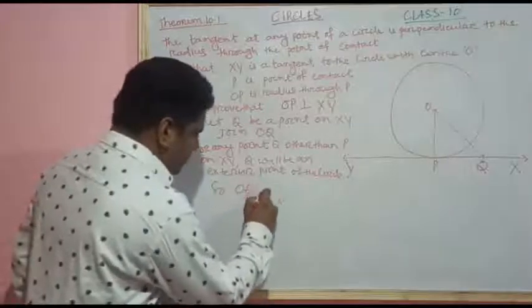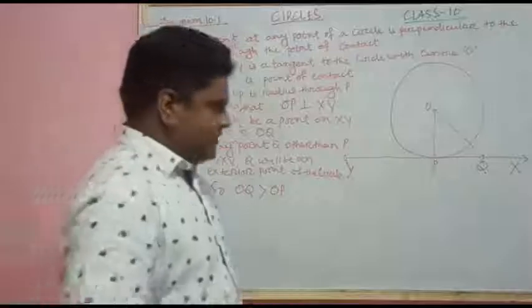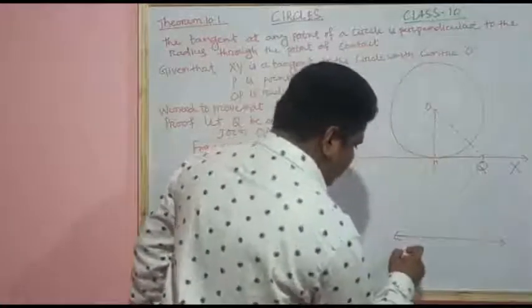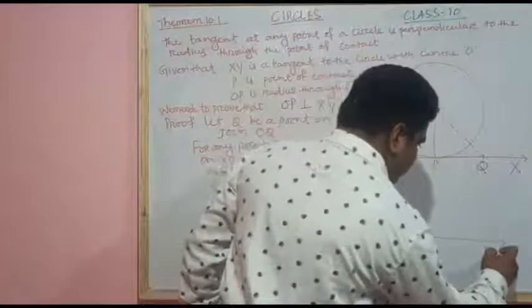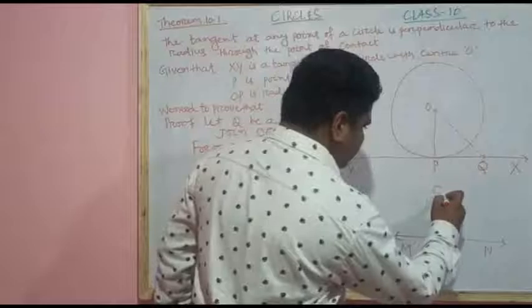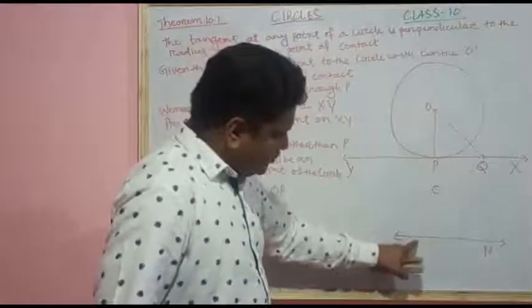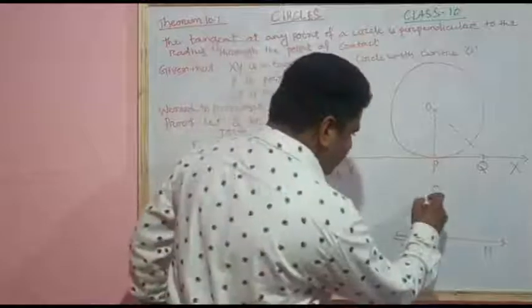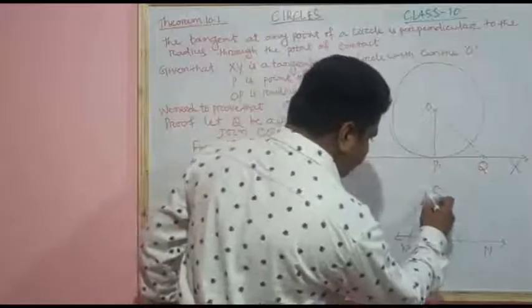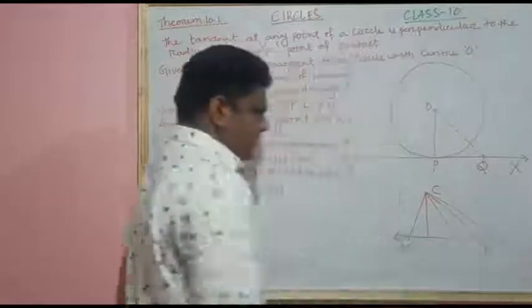Let's see another concept: if this is a line MN, and here is a point C, the lines joining the point C to the points on MN are several lines.